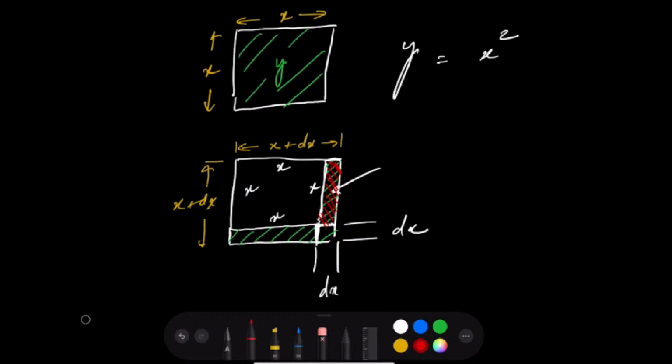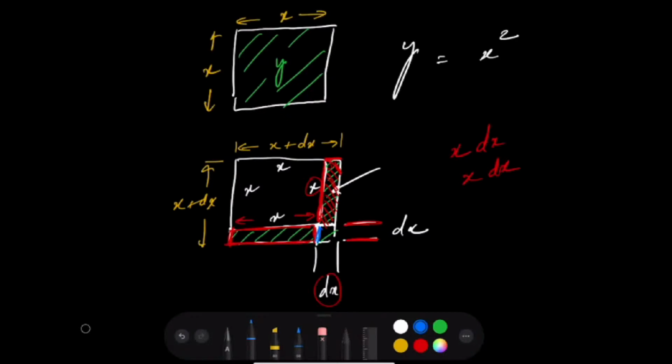It is x, which is the length, and dx, which is the breadth. So x dx. Similarly, what is the area of this rectangle? Same. Again, length is x and breadth is dx. So x dx. So two red rectangles.